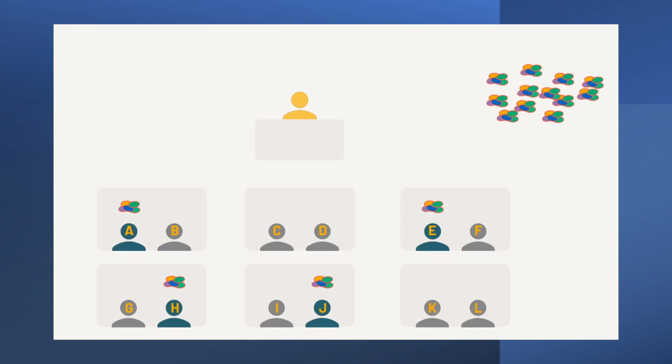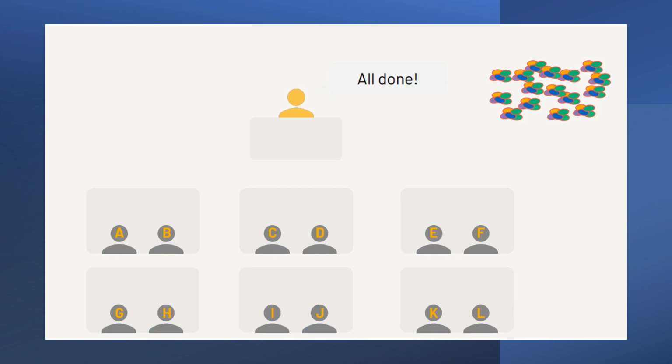As you can observe, the students with the first round of tasks finished, but now we have to wait for the students with the second round of tasks to finish as well. Otherwise, the job is not done. Eventually, everyone is done and they return the results to the teacher, or in our case, they return the results to the driver node. And this is how things work.